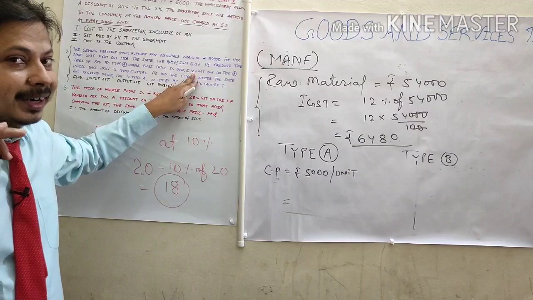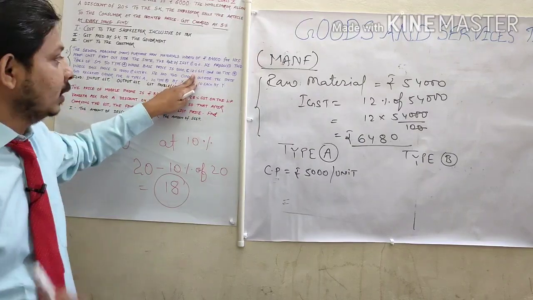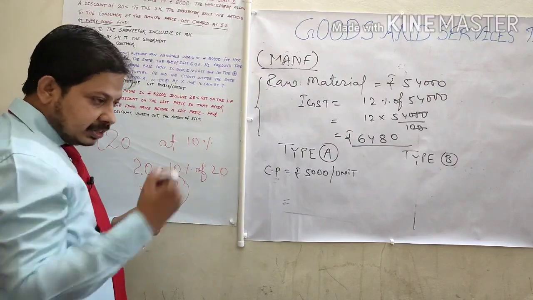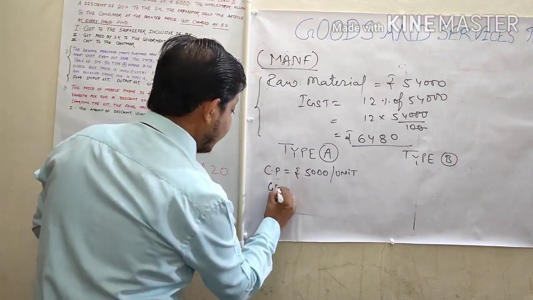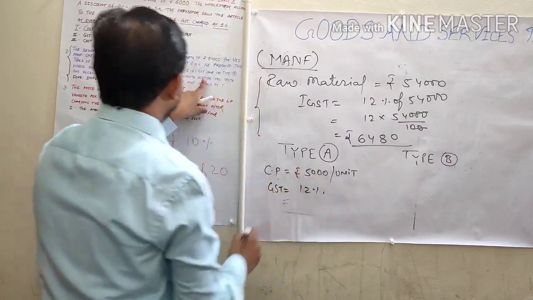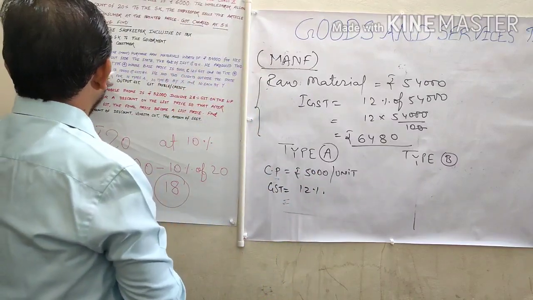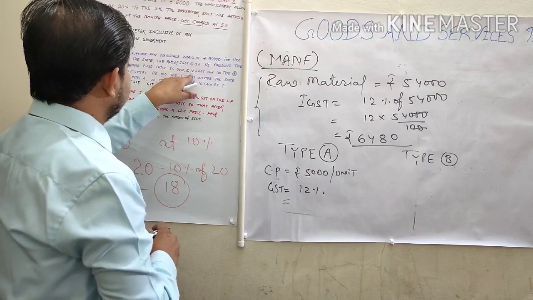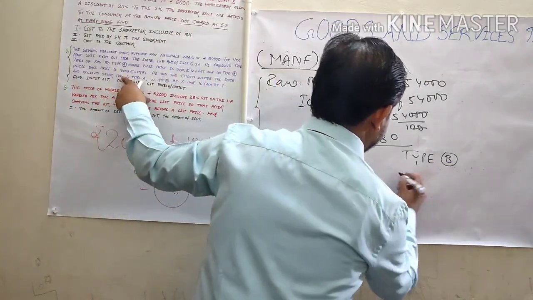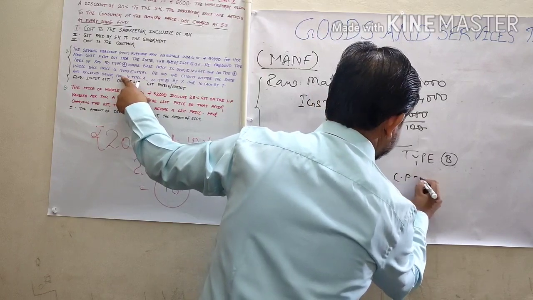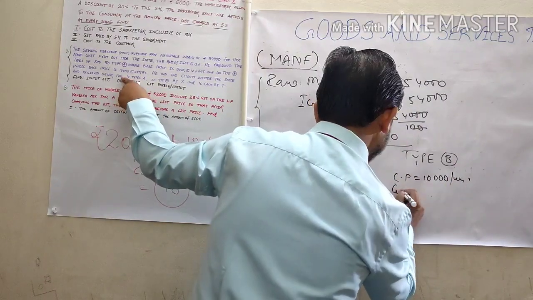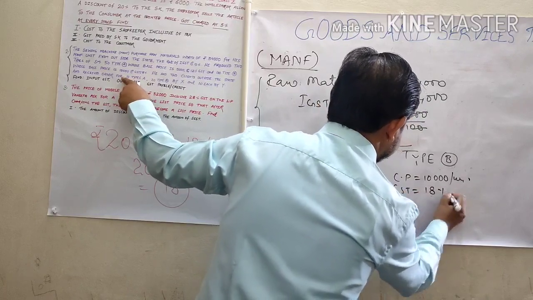Why? Already I spoke, the different slab. If the cost price is more, GST is more; cost price is less, GST is less. Type A is 12% GST, and 100 units of type B whose base price is 10,000 per unit, with GST 18%.